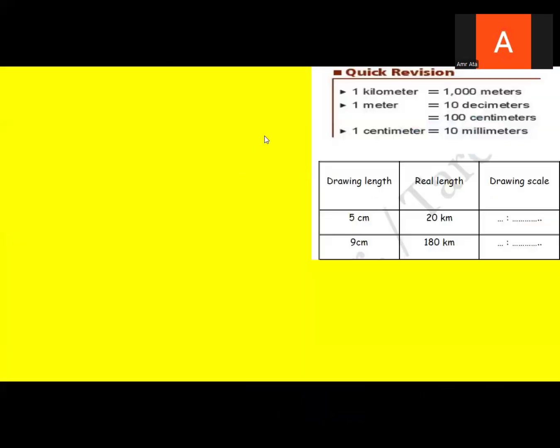We have to know about some conversions from one unit to another unit. We have many units in length. So we have millimeter, centimeter, decimeter, meter, and kilometer.